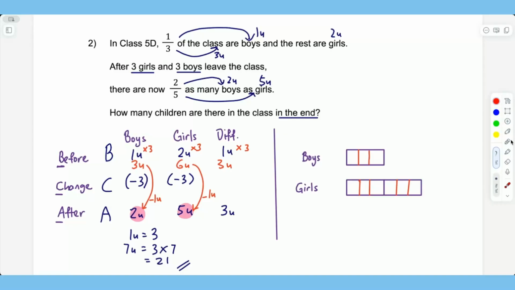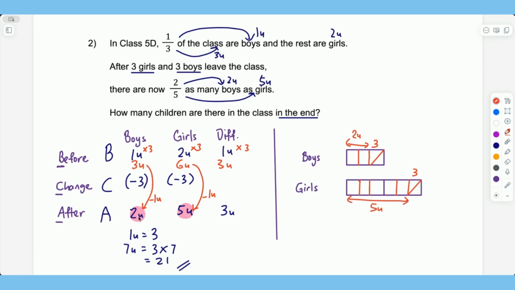And then we have to take away 1 unit. So we remove 1 unit for boys and 1 unit for girls. And this 1 unit is 3 boys, this 1 unit is 3 girls. And now we have 2 units of boys left, and we have 5 units of girls.